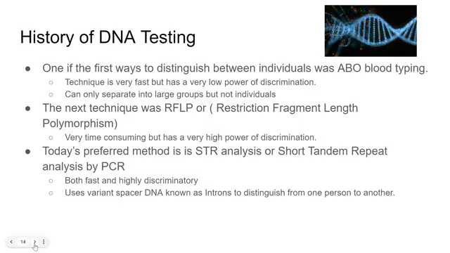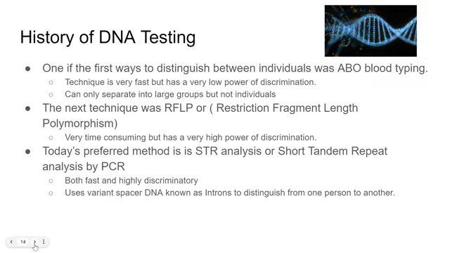The next technique that was developed was the RFLP, or restriction fragment length polymorphism. This is a very time-consuming process, but has a very high power of discrimination. It has the ability to identify a person on an individual level.